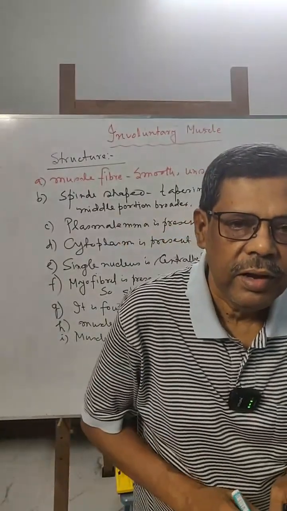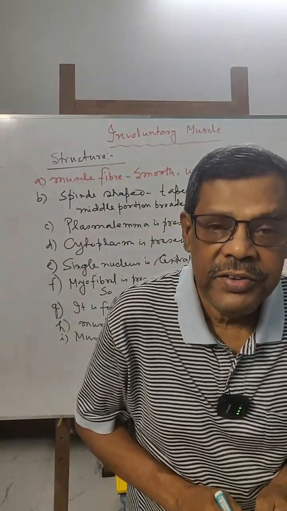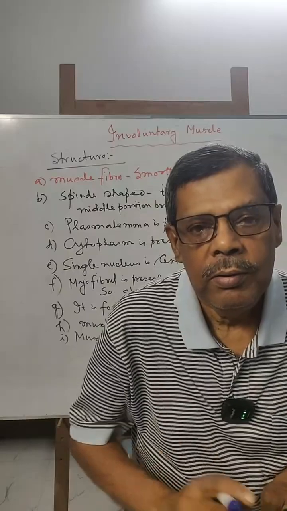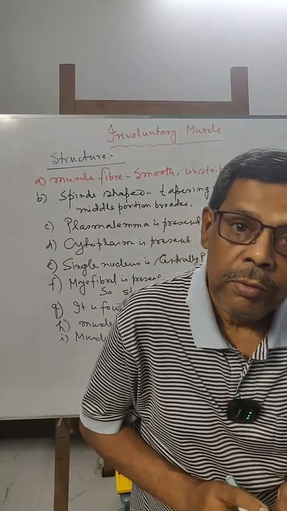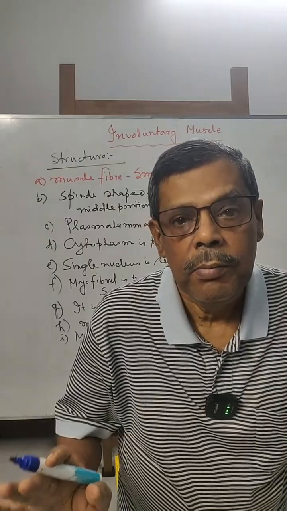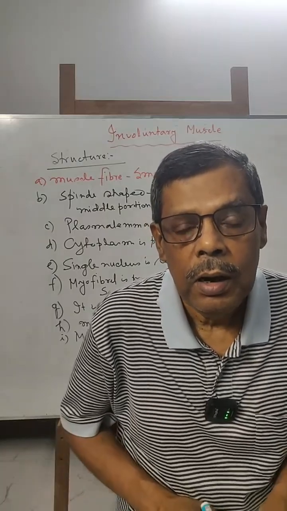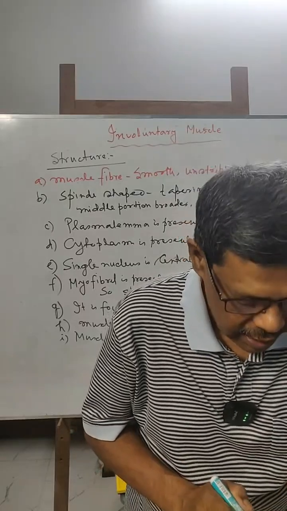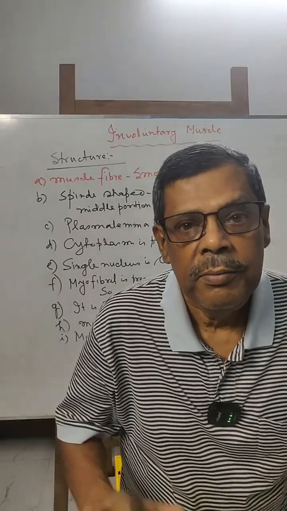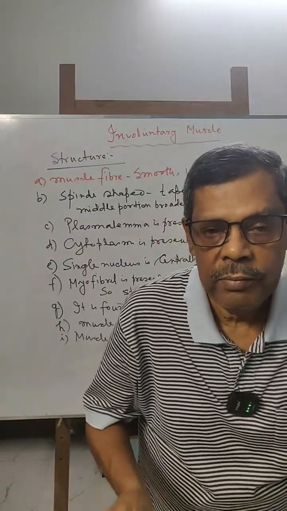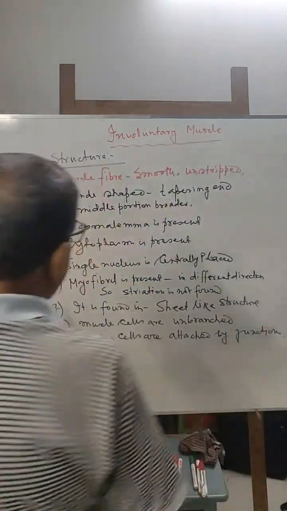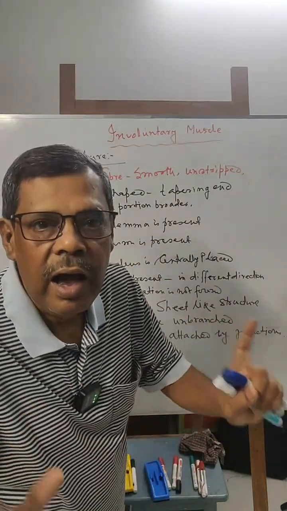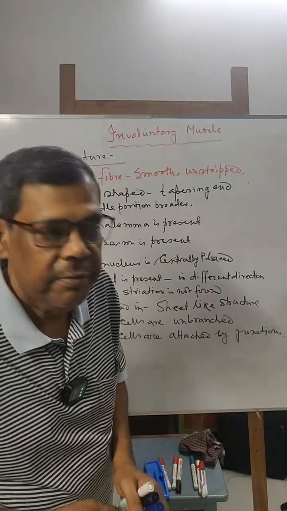They are unbranched and look sheet shaped. They are not controlled by the will of the individual, but by the autonomous nervous system. So it is called visceral muscle, which I have said before. This is the structure of the involuntary muscle fiber.